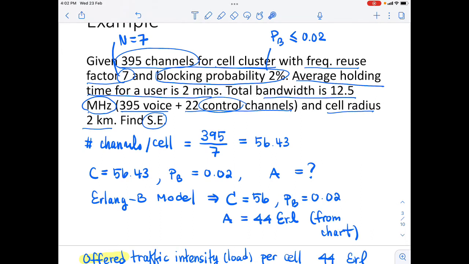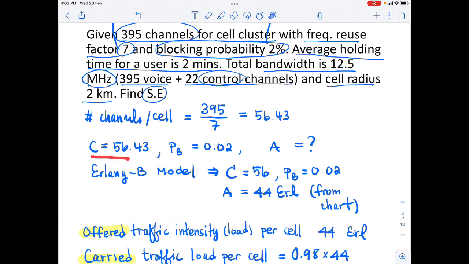Now, the number of channels C per cell is 56.43 and the target GOS is 0.02. The question is, what is the offered traffic intensity, or what is A? We can use the equations, which are tougher to solve, or we can use the chart.